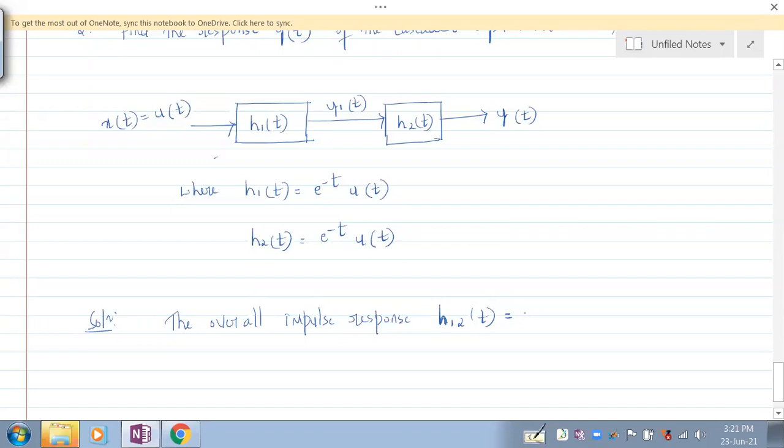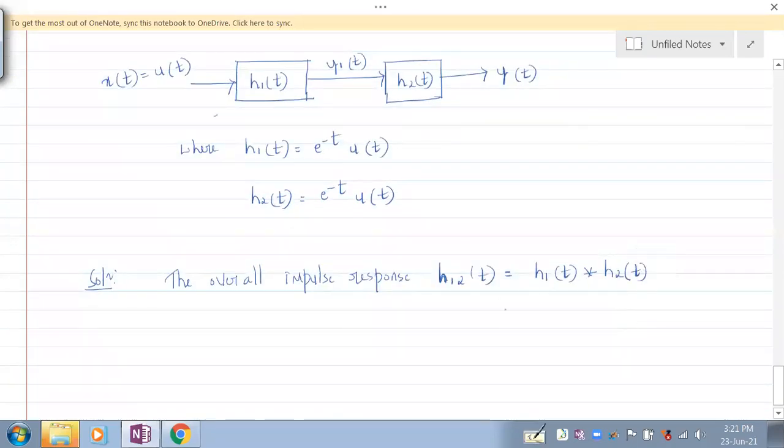Since they are in cascade, it is h1 of t convolution h2 of t. Isn't it? So it's as good as doing this. h12 of t is actually e power minus t u of t being convolved with e power minus t u of t. This is what it is.